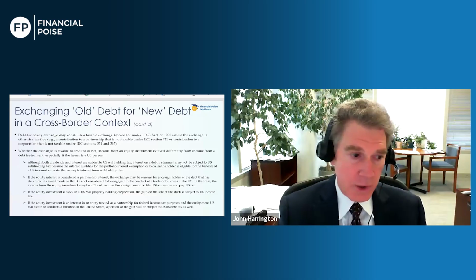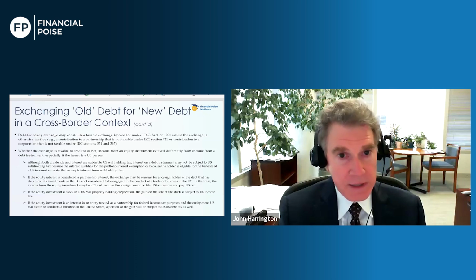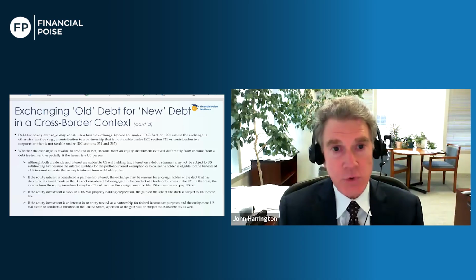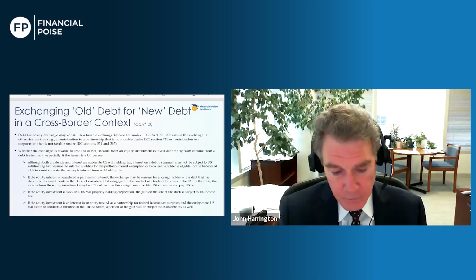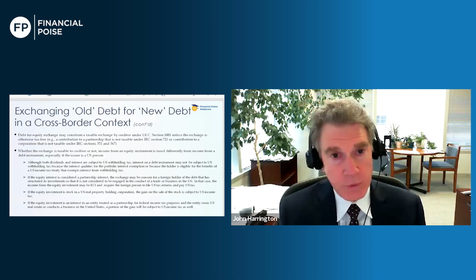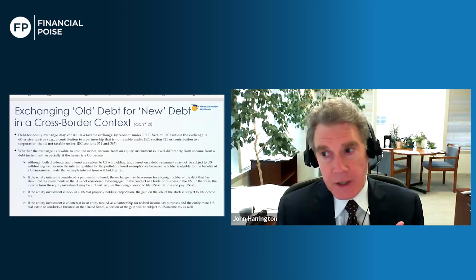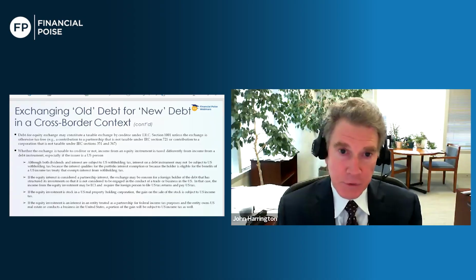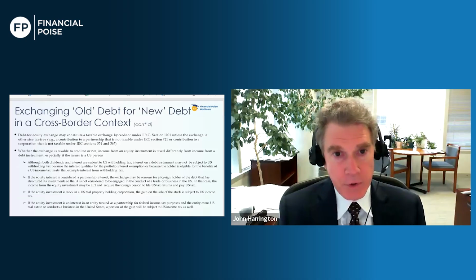The real issue here, I think, that can really trip people up or create issues is if, as part of this debt for equity exchange, it's a pass-through entity, an entity treated as a partnership for U.S. tax purposes. If it's engaged in a trade or business or holds U.S. real property, then the person who was the foreign creditor is now a foreign partner in a partnership.